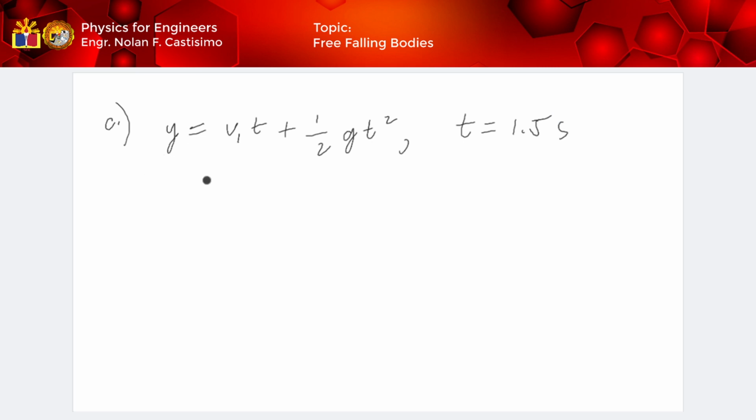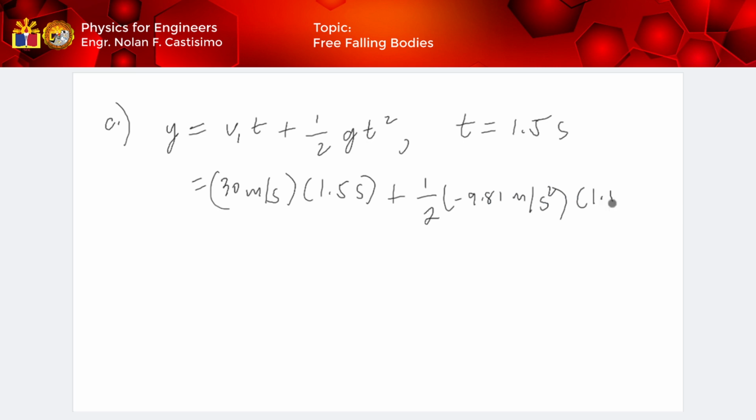Ayan. So, may v1 na tayo, 30 meters per second. Yun yung given natin na 1.5 second plus 1 half and then negative 9.81 meters per second square times 1.5 seconds square. So we will have 45 meters.